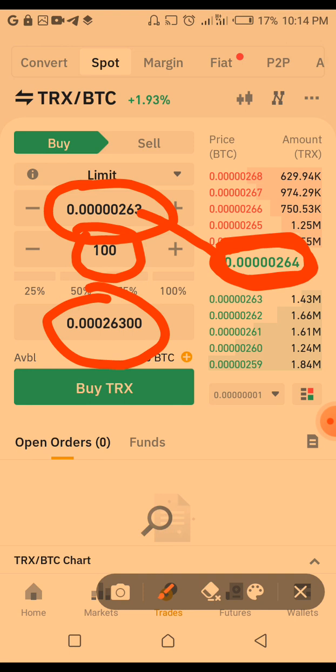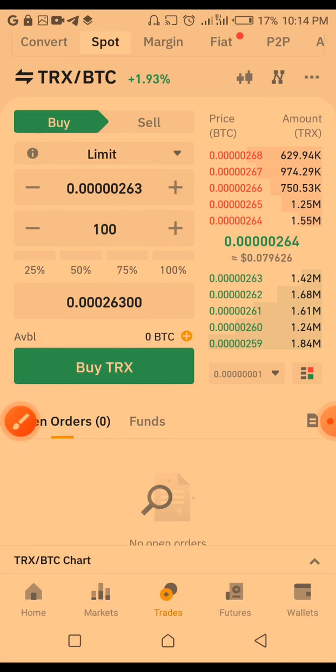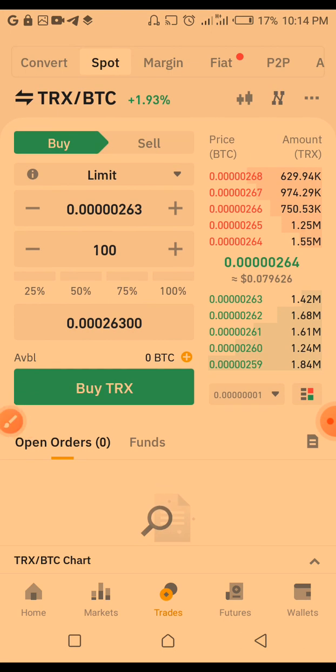This is a lot of people. Binance is the largest crypto exchange. At 0.0000262 you can see 1.68 million persons are willing to buy at that price.